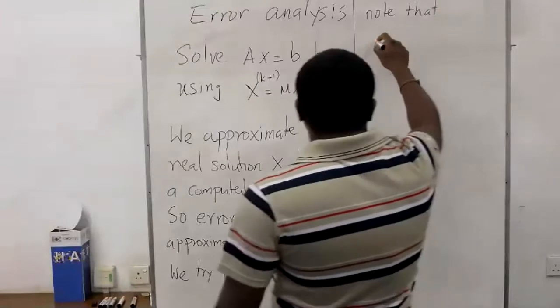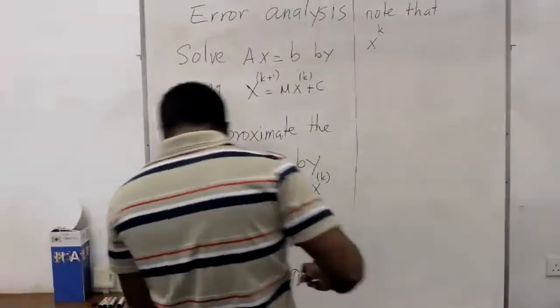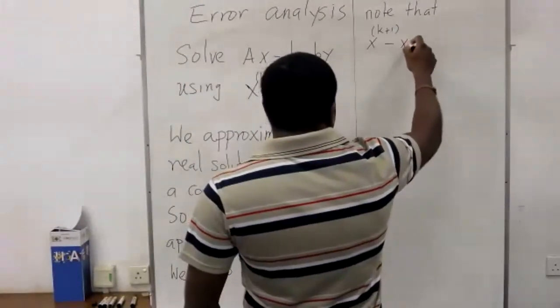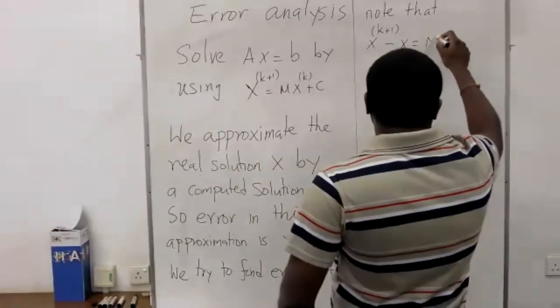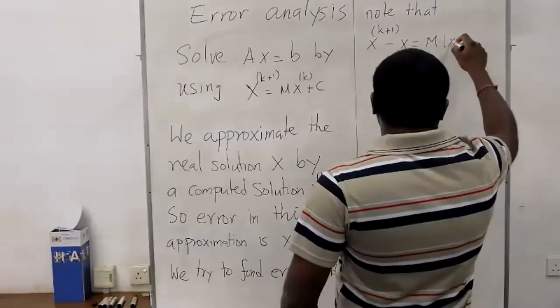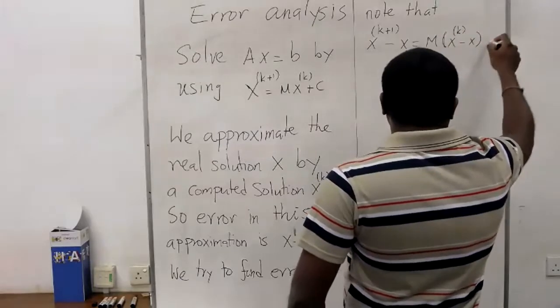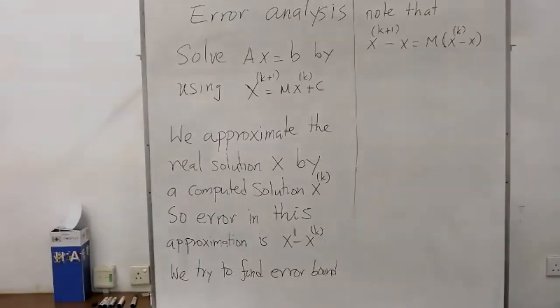So first, this is obvious for all of you, right? This is something you already know. By the way you create the equation, you write x is equal to mx plus c, but the iteration is xk plus 1 is equal to mxk plus c.